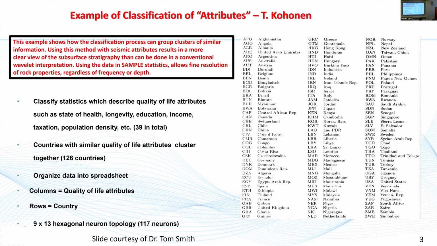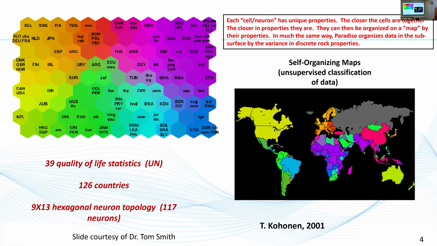And this is a list of the countries, and the way we're using it with seismic data is the 39 statistical pieces would be equivalent to different attributes in the seismic. Okay, and when you come out with that, you have organized all the information into a map, in this case a map of the world, and you have all these different clusters of information that are pertinent to each country in the map.